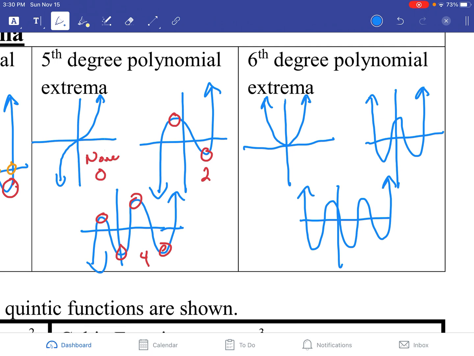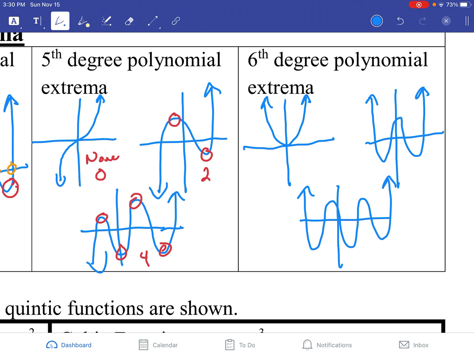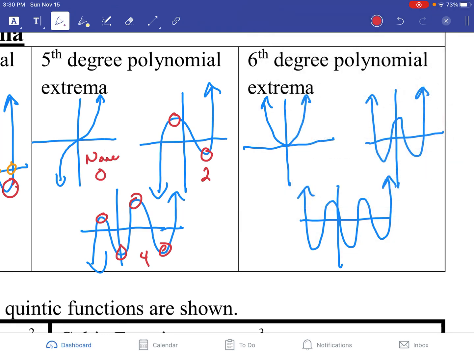Again, you'll notice that on the last graph I did, there's 1, 2, 3, 4, 5, 6 different solutions, or zeros, that matches the 6th degree polynomial. If we look at the number of extrema, we have 1, and we have 3, and then we have 1, 2, 3, 4, and 5.